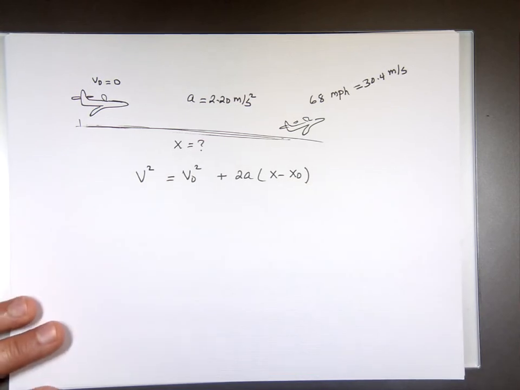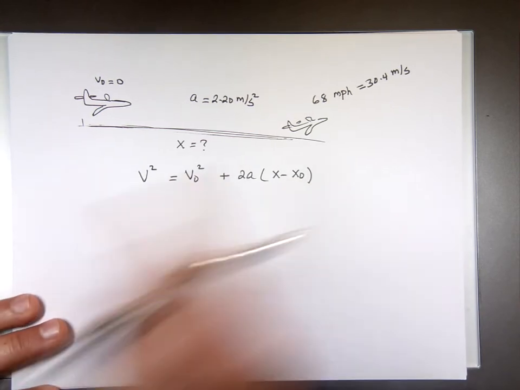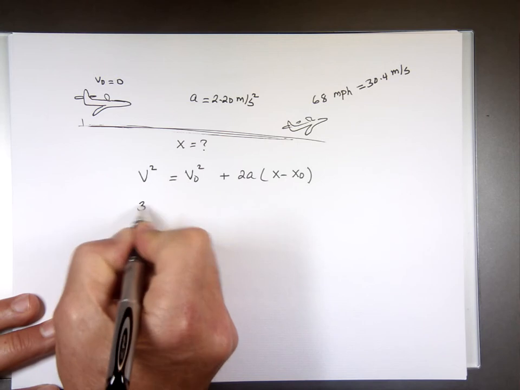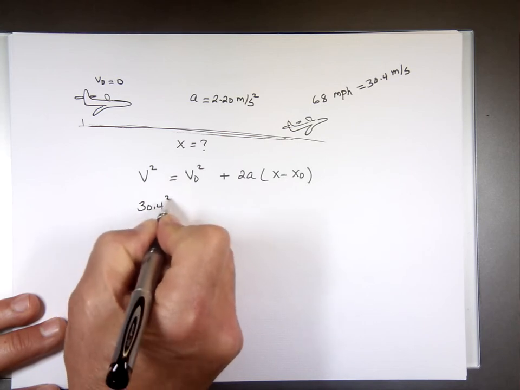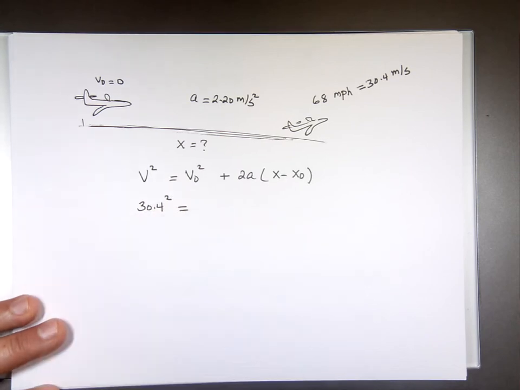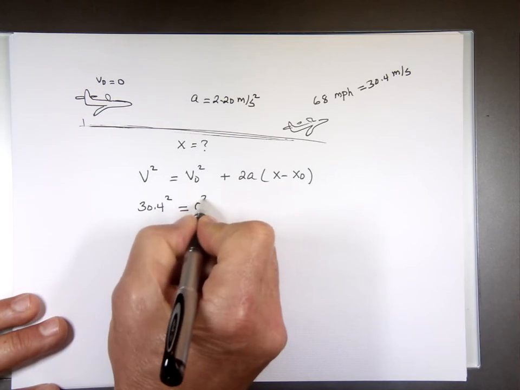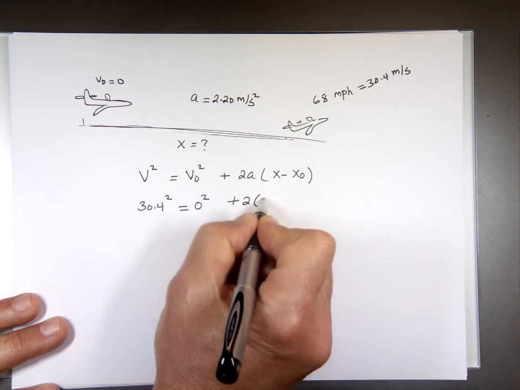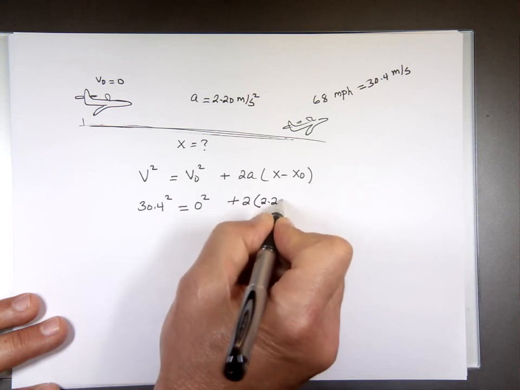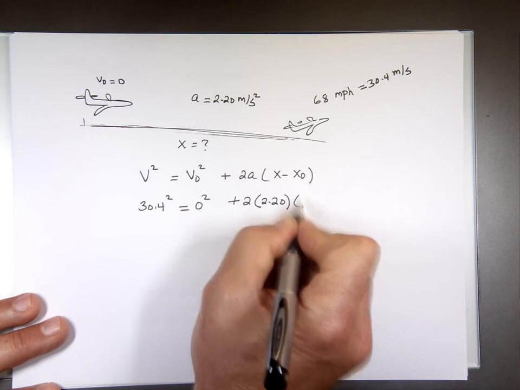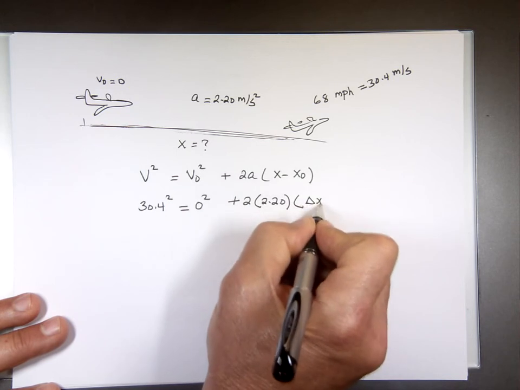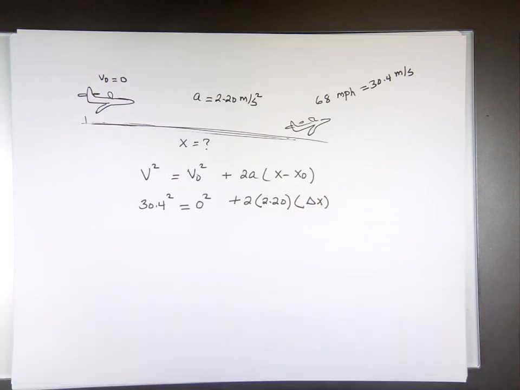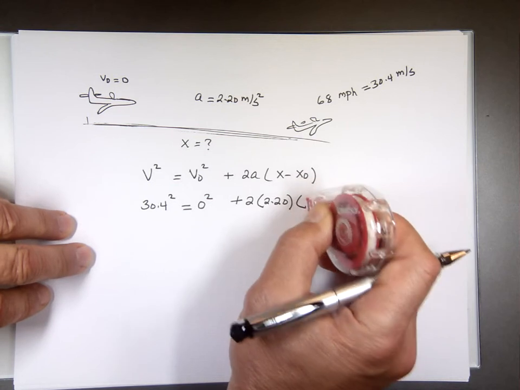My V final is what? 30.4 squared. My initial velocity is what? 0 squared, plus 2 times the acceleration, which is 2.2, times the change in x, or x minus x sub 0. If x sub 0 is 0, you can just write x there, because my x sub 0 is 0.